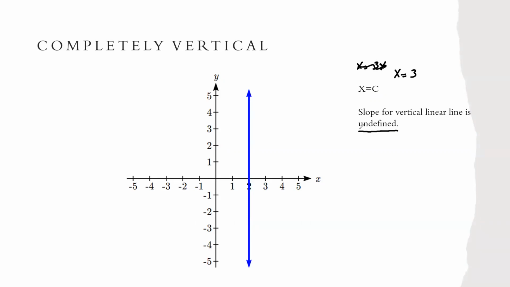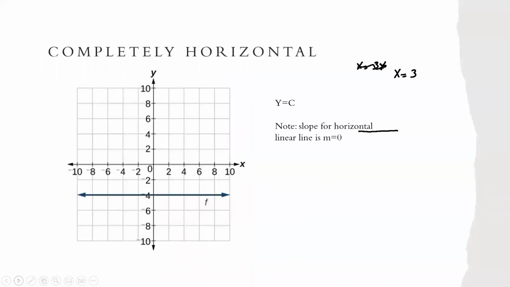And then the last form is completely horizontal. Yeah, so it's completely horizontal like this. y equals a constant. For example, y equals 2, right? Or y equals -1. It has to be a constant.